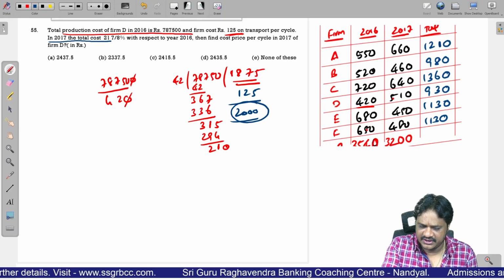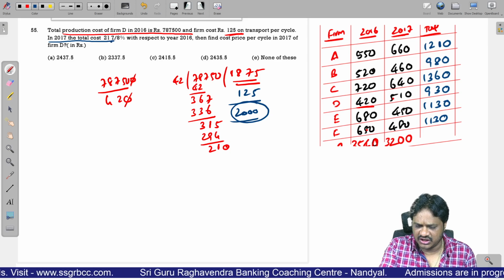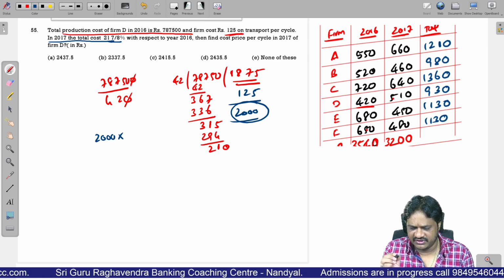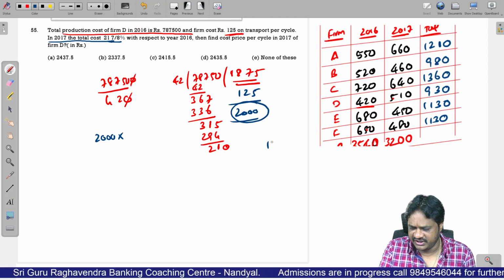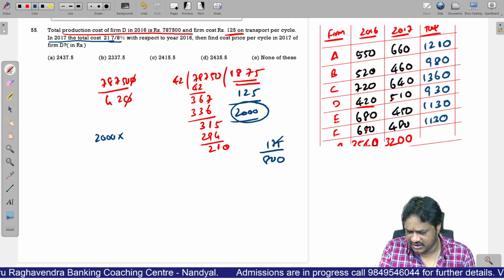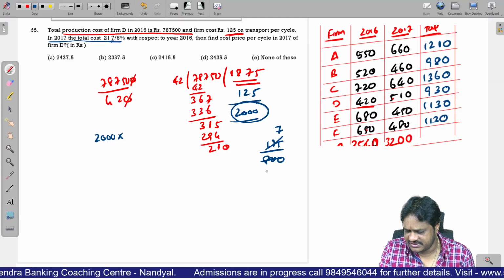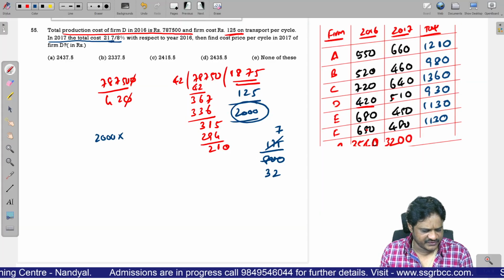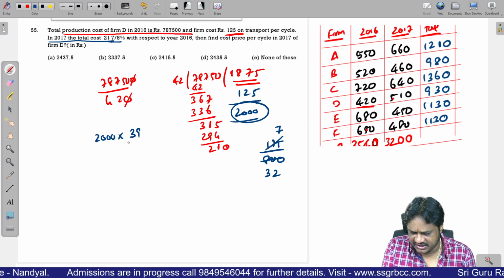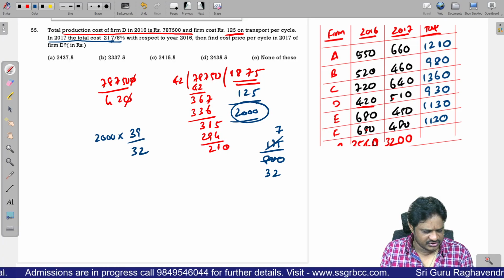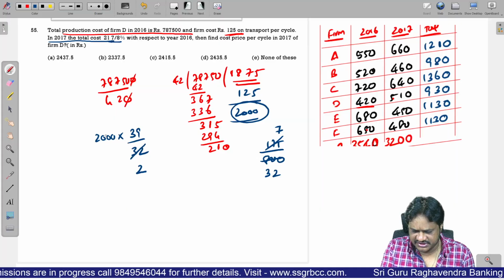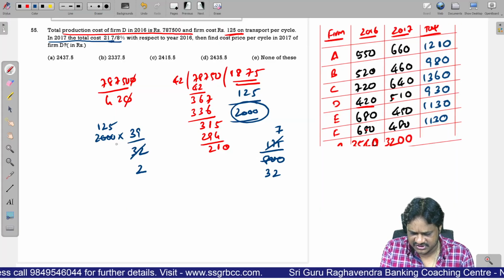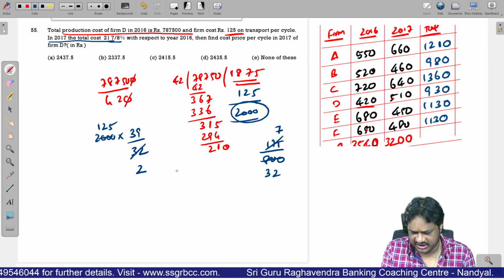Then in 2017, the total cost is increased by 21 7 by 8 percent. 21 7 by 8 percent means it is 175 by 800, 25 sevens, 25 threes, 25. 7 by 32. 7 by 32 increase, that is 39 by 32. Let us do the calculation: 125 into 39.